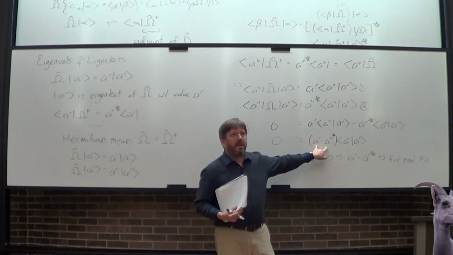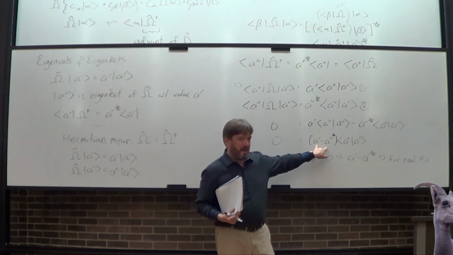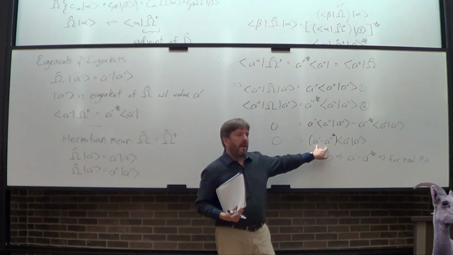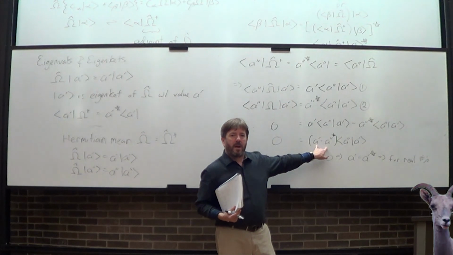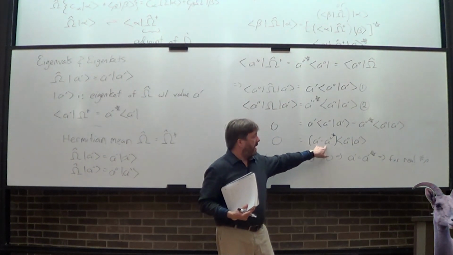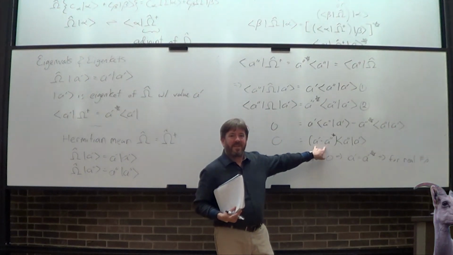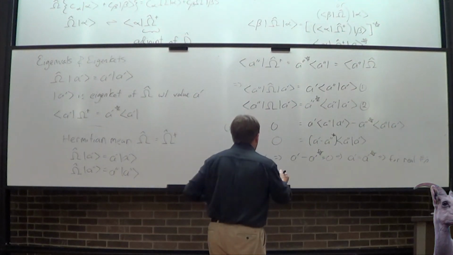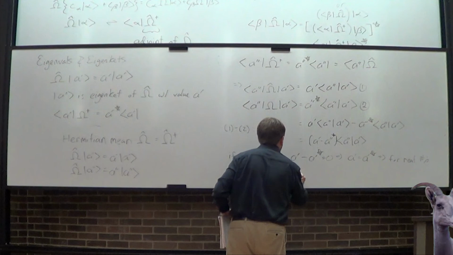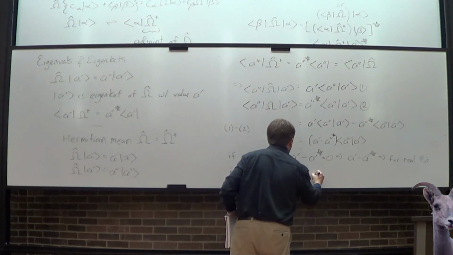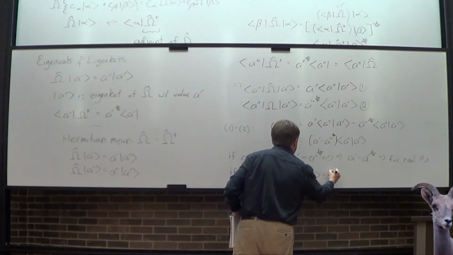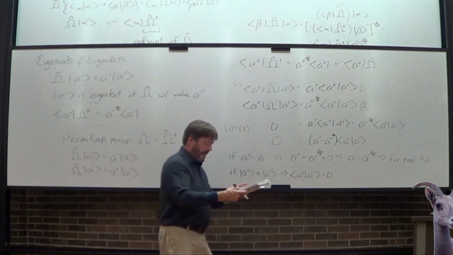The operator is the Hamiltonian. Hamiltonians are Hermitian, they're always Hermitian. And we are dealing with the ground state and the first excited state of the particle in a box. Well, the energies are not the same, so this is not 0. Therefore, the A double prime and A prime inner product is 0.